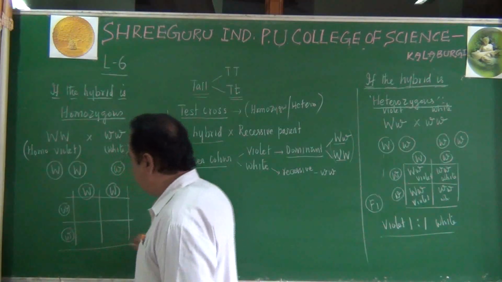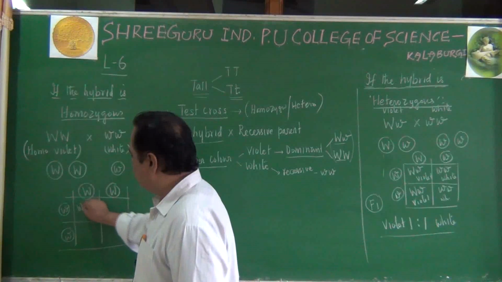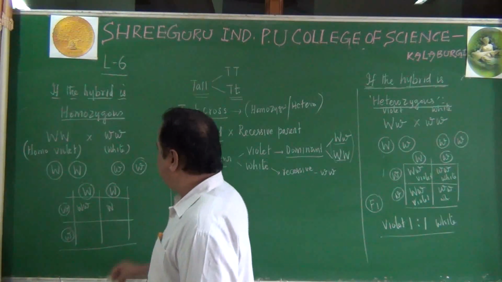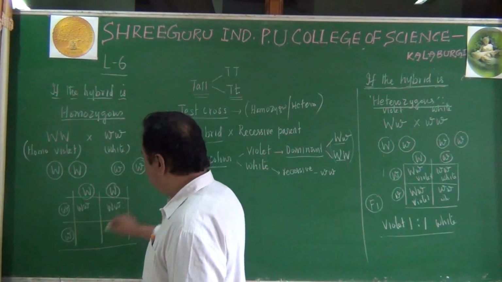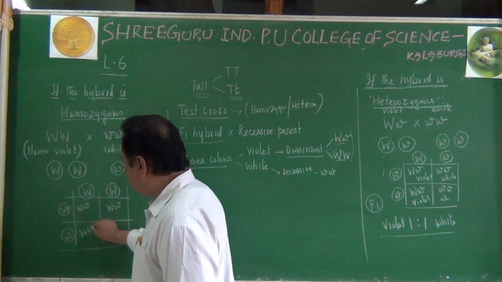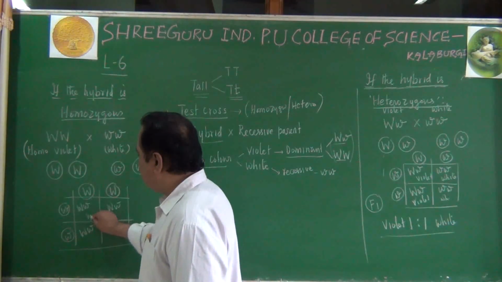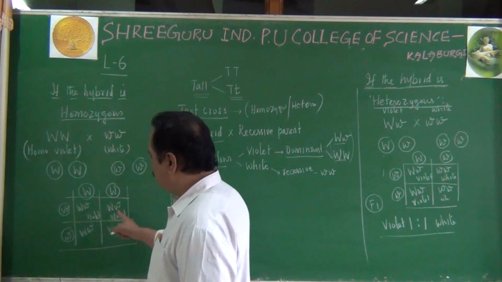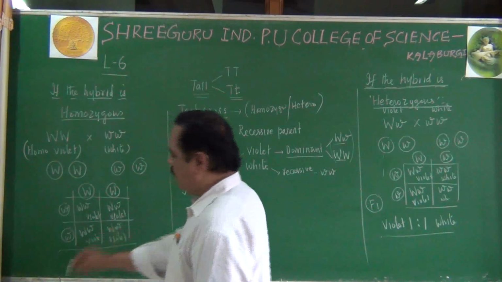Imagine if these two are fusing, the resulting individual will be capital W, small w. If these two are fusing, capital W, small w. Here you can see capital W, small w, and all of the offspring will be violet only. This is also violet, this is also violet, all the four of them are violet.